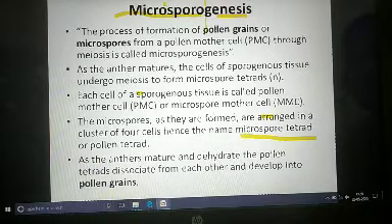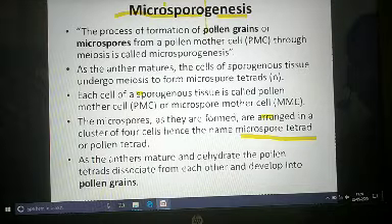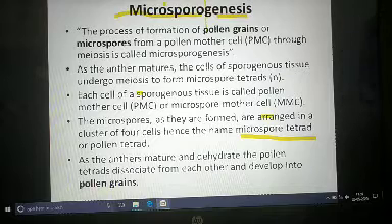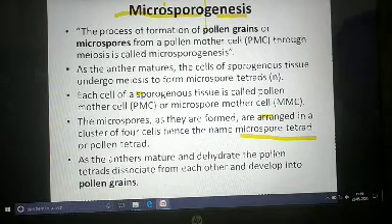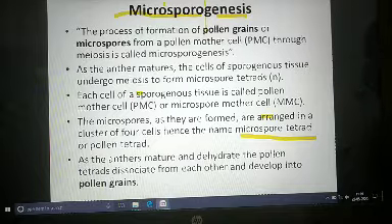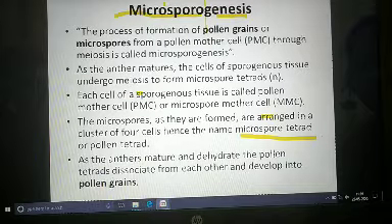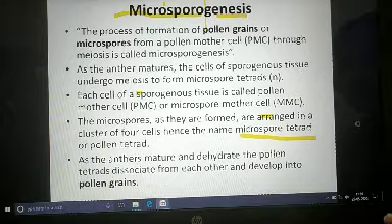When the anther matures and dehydrates, dehydration meaning losing the water content, the pollen tetrads dissociate. They separate from each other and develop into pollen grains.